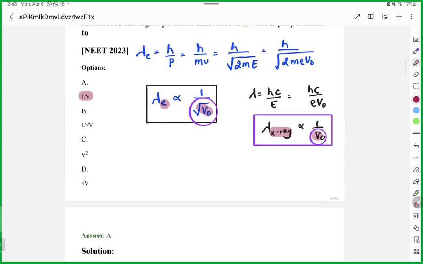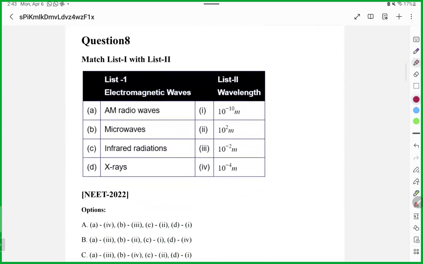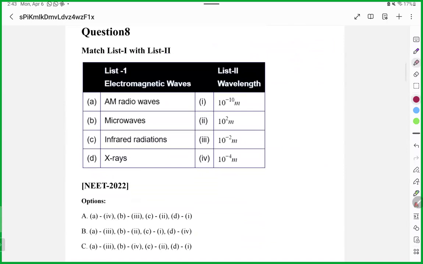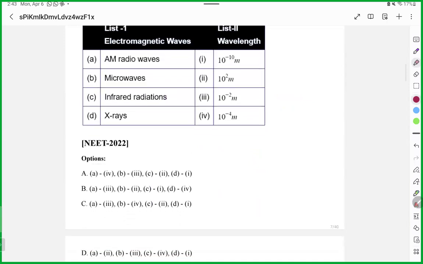I told you, they asked this question in 2022. X-rays will be, wait, wavelength, no? But again, you don't need to remember this; I can solve it without remembering these X-ray values. It is 10 raised to the power minus 10.